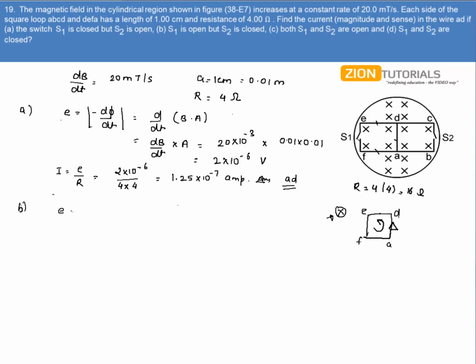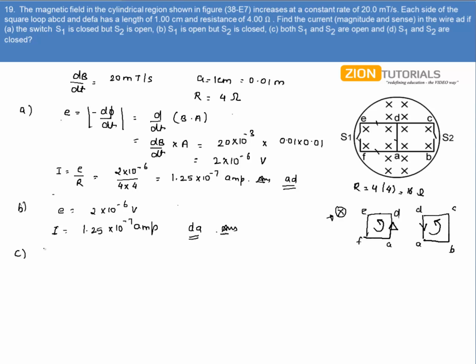So the EMF we get here will be the same as in the first part, that is 2 × 10^-6 volt, and the current will be the same, 1.25 × 10^-7 ampere, with the only difference in the direction, because in this loop the direction will be counterclockwise. I'll make the loop and name it as D, C, A and B. Then the current is in the counterclockwise direction, so the current is flowing from D to A. Just the direction is switched and current flows from D to A. That is the answer.